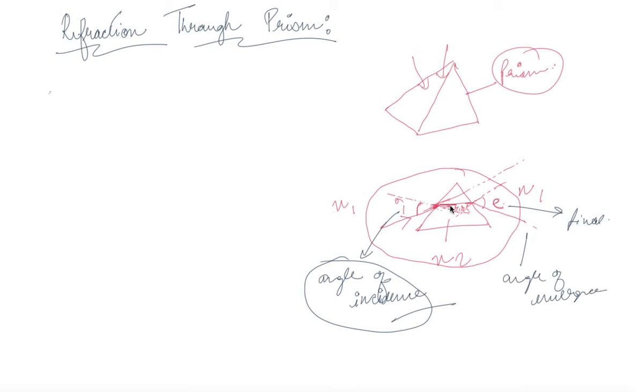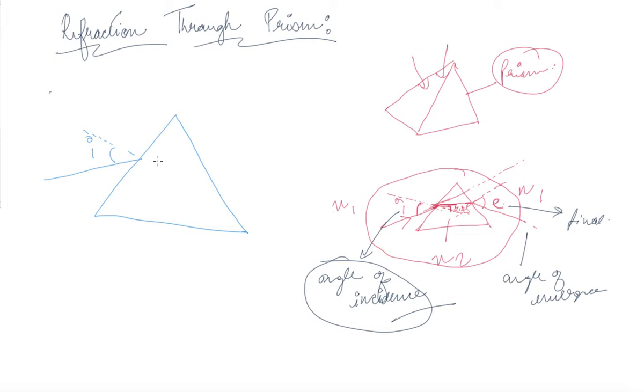Now if we talk about this angle, if you magnify this structure, this is where I've magnified this structure. Now if this ray is coming over here and the angle of incidence is I, because of this we have an angle of refraction.